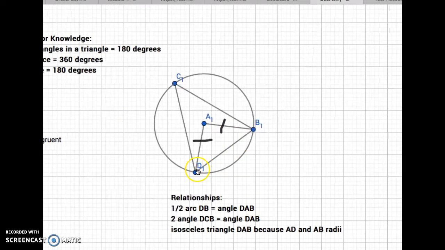And when I draw that triangle out, now they can see that line segment DA and line segment AB are congruent. They're both the radii of this circle. And by them being the radii of the circle, they would know that this is an isosceles triangle.